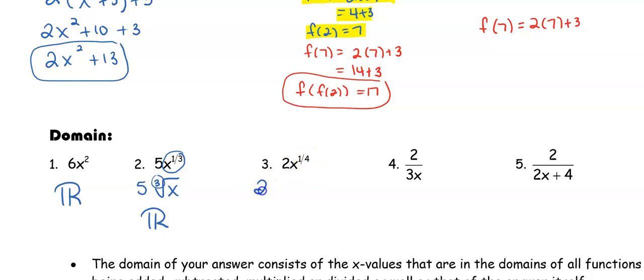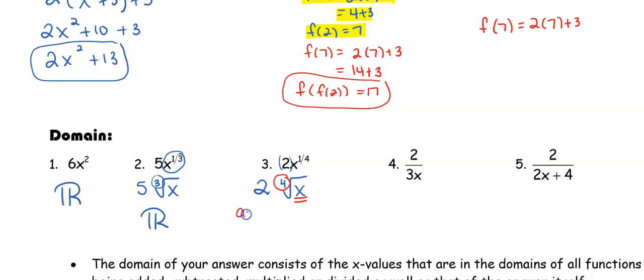Here comes that even root. The 2 is not part of that exponent. So this is 2 times the 4th root of x. Even roots give us this additional problem that I can't have negatives underneath it, because if I have negatives under an even root, I get imaginary numbers.